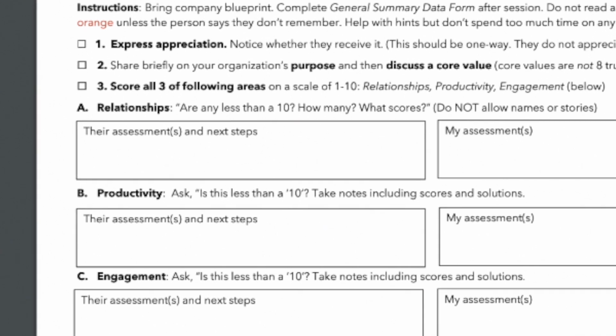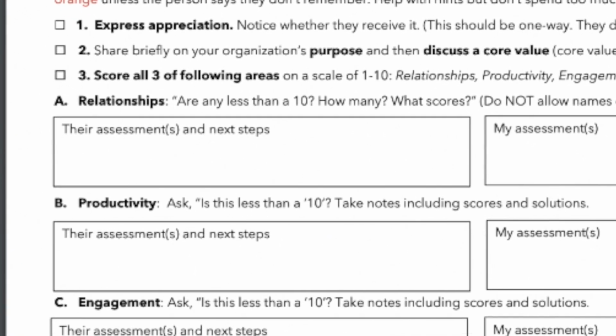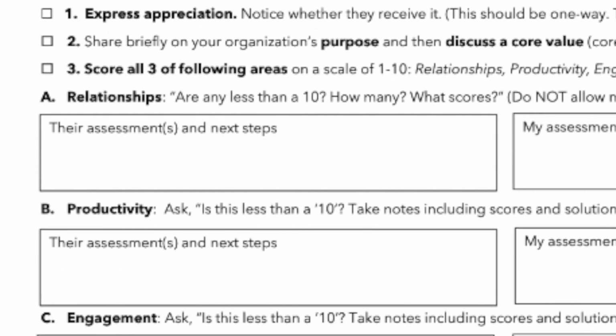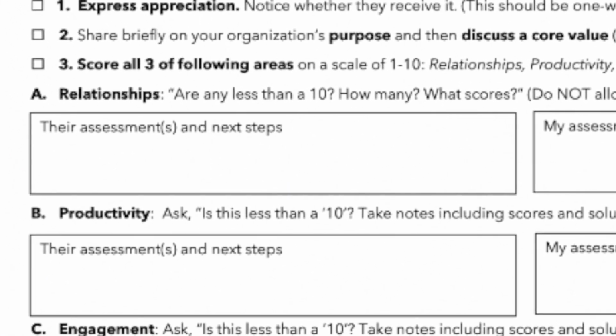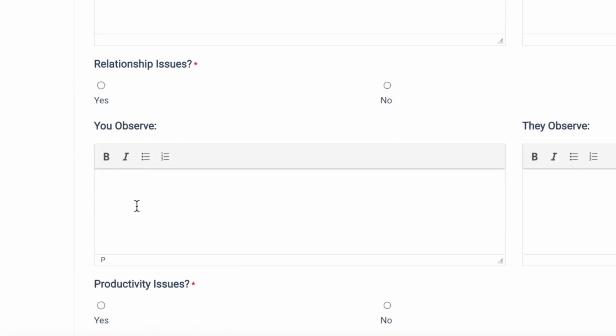In this instance, perhaps the person says, I have 2 people that I'm having problems with. And say perhaps when you're in the session, that person does have a relationship issue with at least one person. And so you would checkbox yes.